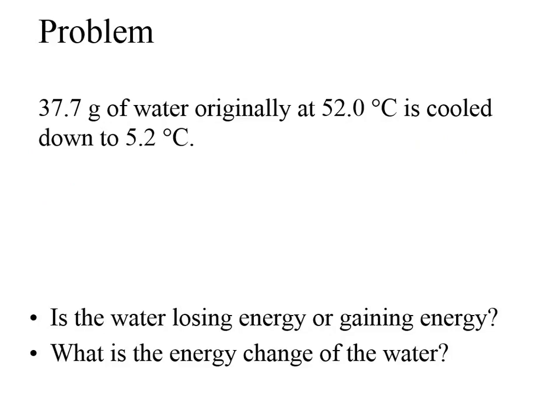Okay, so let's do a problem. So what I would do if I was working this problem is draw my little beaker. I draw some water, and then I would take these numbers and give them variables.